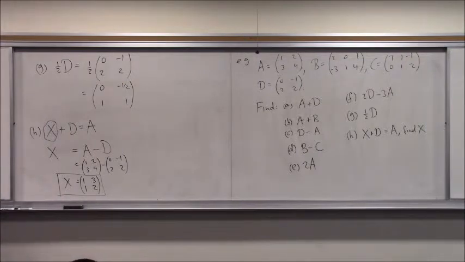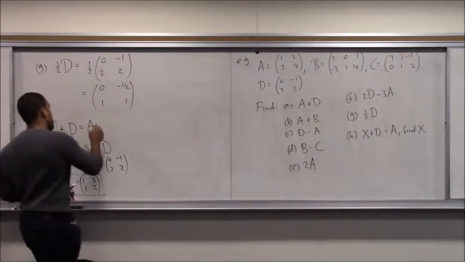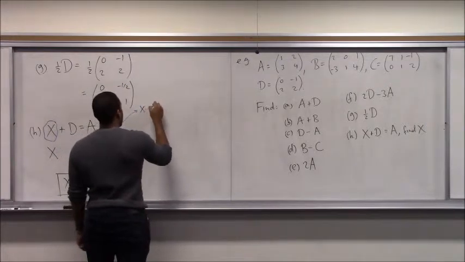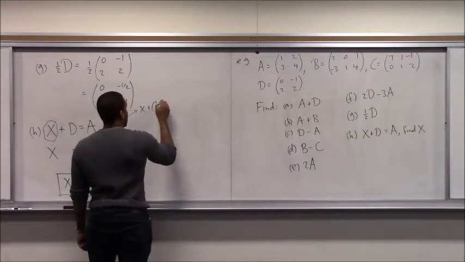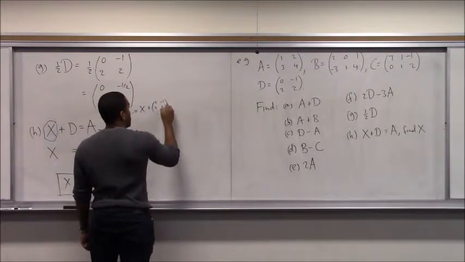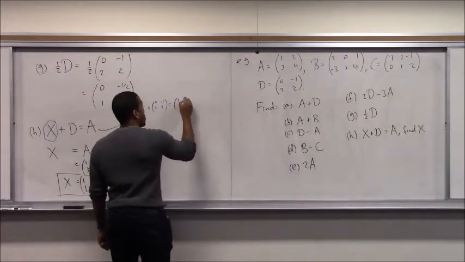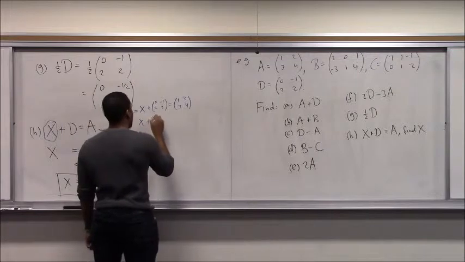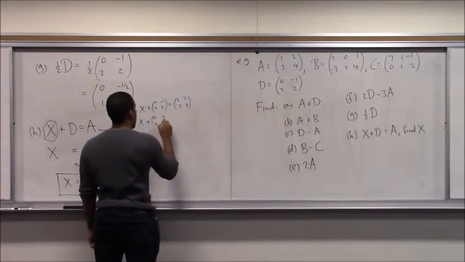This is one of those things that are obvious, but what you should realize is that you're taking x plus 0, minus 1, 2, 2, equals A, 1, 2, 3, 4, right? And you can subtract D from both sides by doing the following.